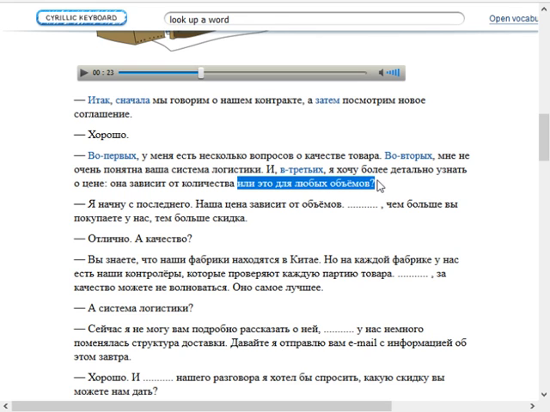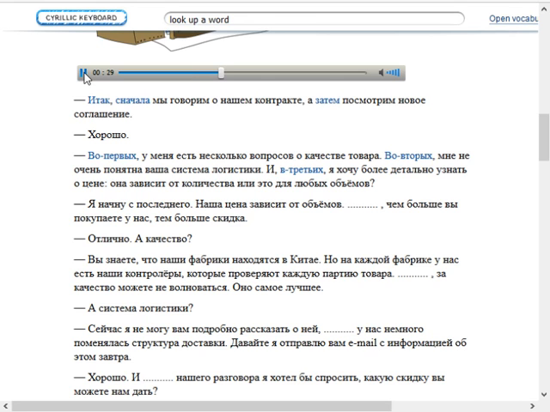So basically, is it for arbitrary quantities, for any quantity? Я начну с последнего. I will start with the last one. Наша цена зависит от объемов. So our price depends on the quantity. So it does depend on the size of the order.